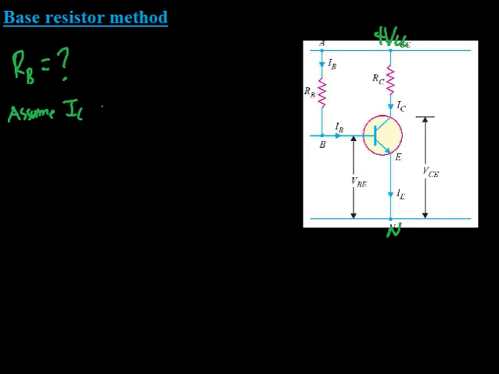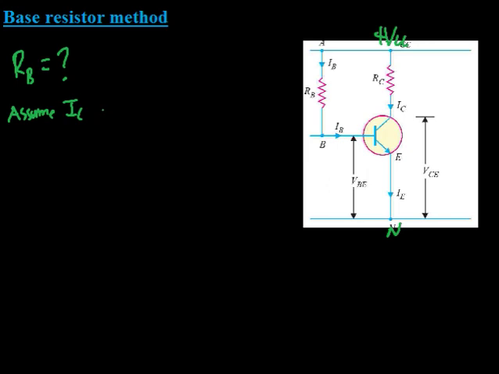Beta is the transistor parameter which will be mentioned by the transistor manufacturers. From that, beta IB will be the IC value, that is the collector current due to the signal alone.